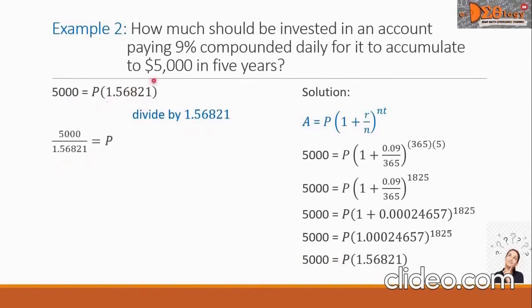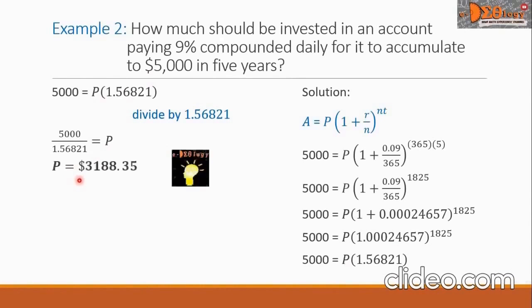That decimal will be cancelled out. Only P comes down. The quotient of this value is now equal to 3,188.35. This is our P. This is the principal. Let us put our dollar sign, and this is our final answer.